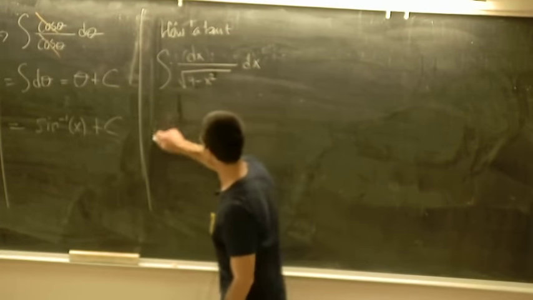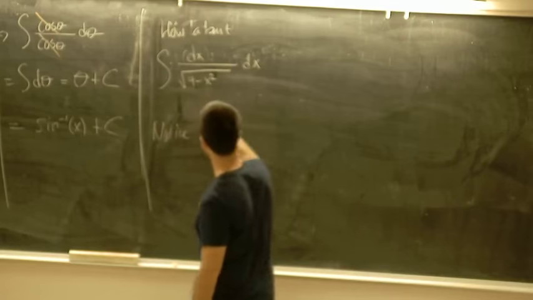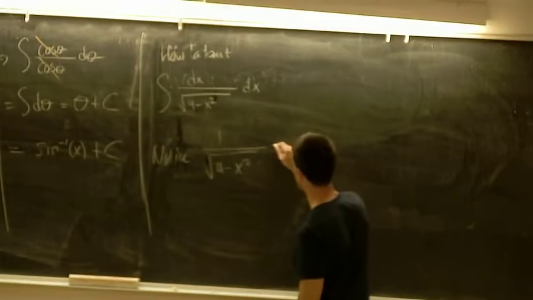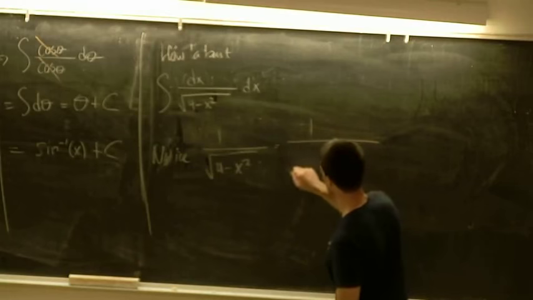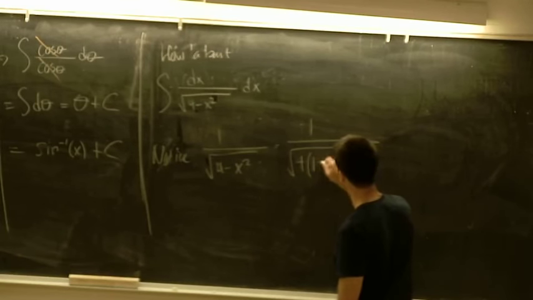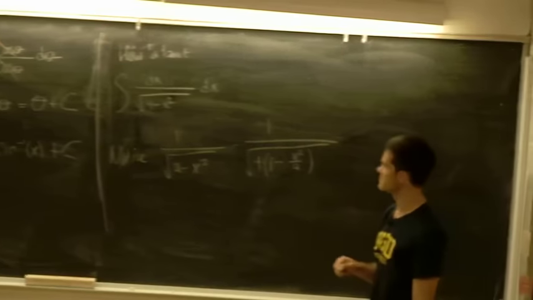But notice that 1 over the square root of 4 minus x squared is the same as 1 over the square root of, I'm going to factor out a 4. Yeah, that's true.